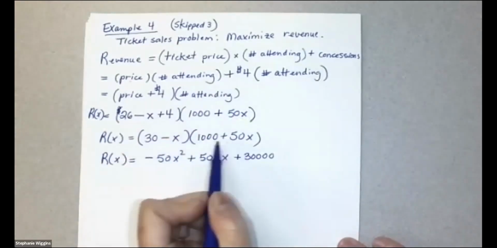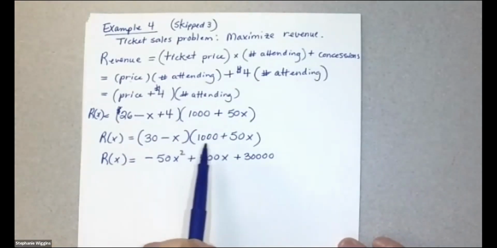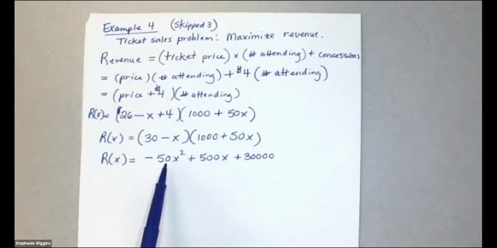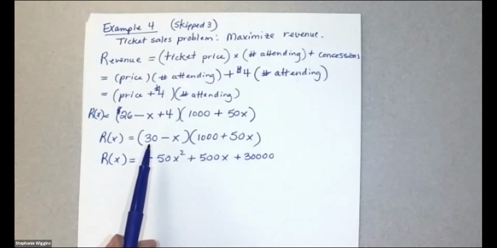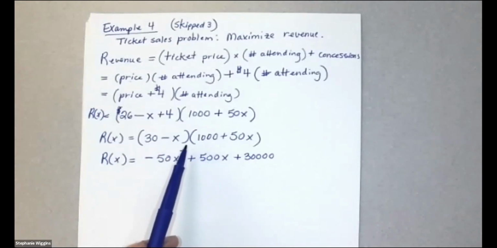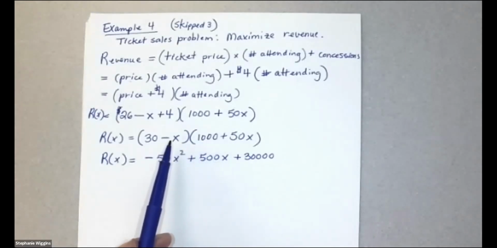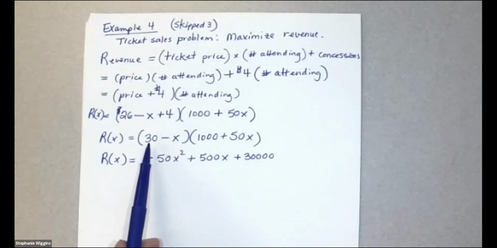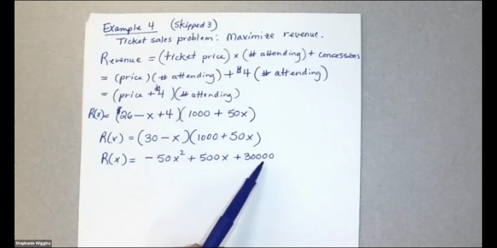So I just FOILed this to get this. If I have 50x times negative x, I get negative 50x squared. Then I have 50x times 30, that's 1,500x, but then I subtract 1,000x, so that's the 500x. And the constant term just comes from 30 times 1,000, that's 30,000.